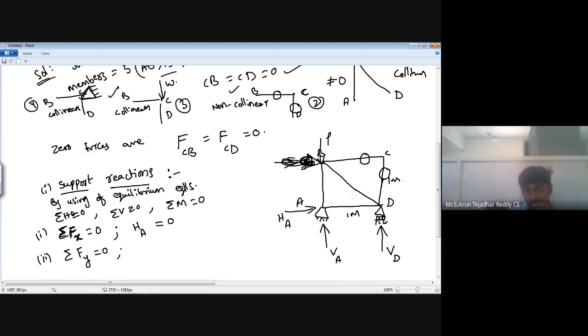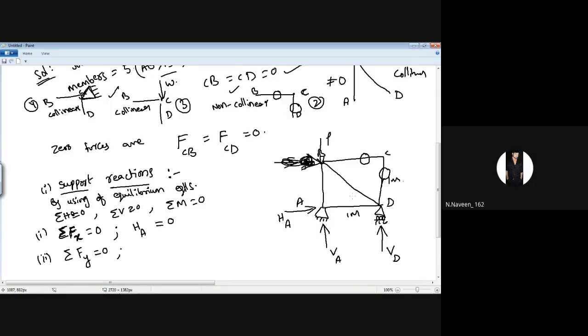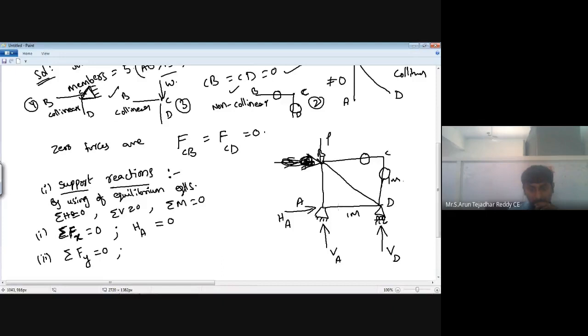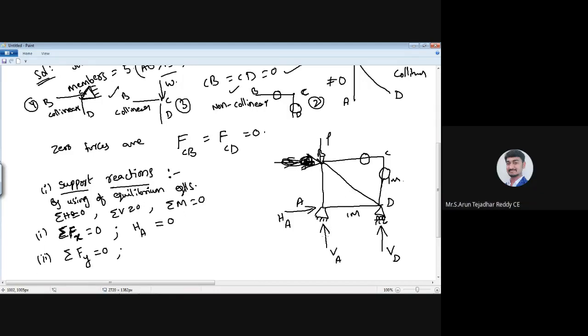Three. What are they? You can observe the symbols clearly: VA vertical, VD vertical, and here one load is acting downward. That is also a vertical force.